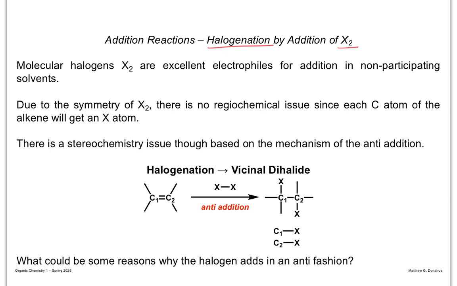So you get one adding to one face, and then the anion will add to the other. So this is an anti-addition. Because it's anti, the timing of it is asynchronous, meaning that the X atoms add at different times along the reaction coordinate.